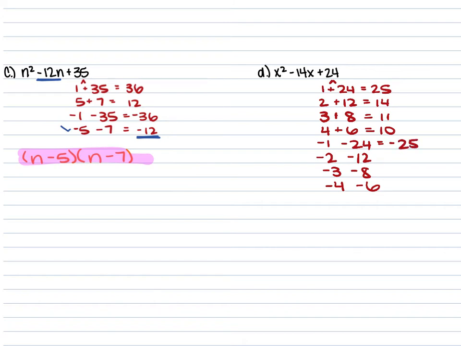Negative 2 minus 12 gives us negative 14. Negative 3 minus 8 gives us negative 11. And negative 4 minus 6 gives us negative 10. So again, the negative 14 is what we're looking for. We get a negative 14 when we add the negative 2 and the negative 12. So we're going to have x minus 2 times x minus 12.